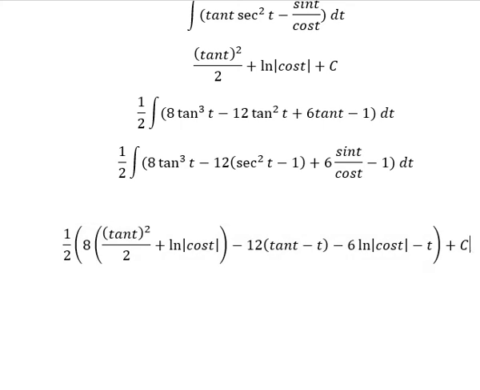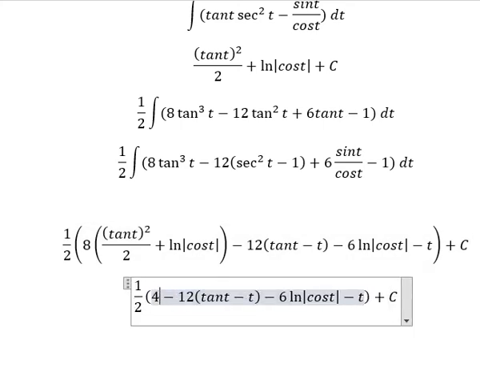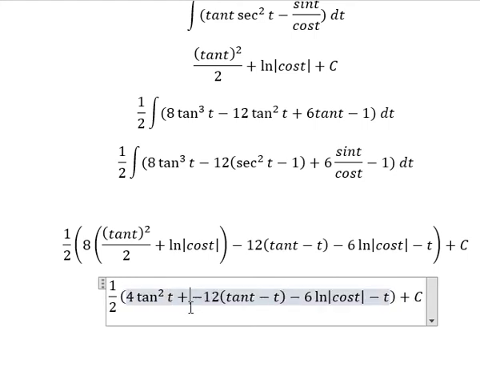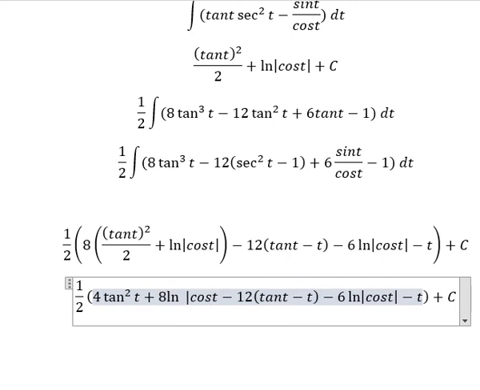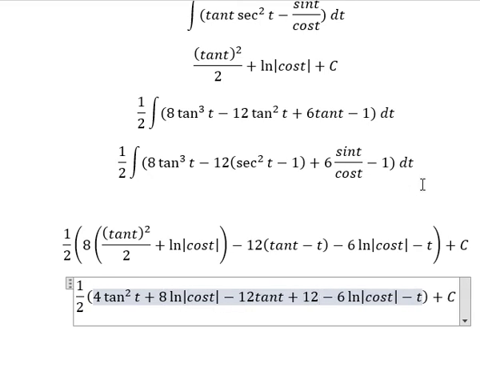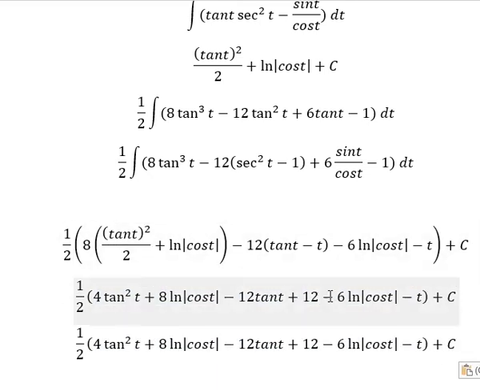So we need to simplify. So a ln cosine t minus 6 ln cosine t, you got number 2.